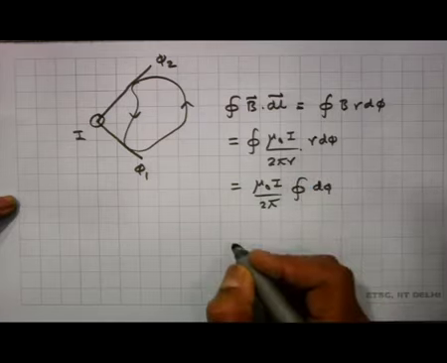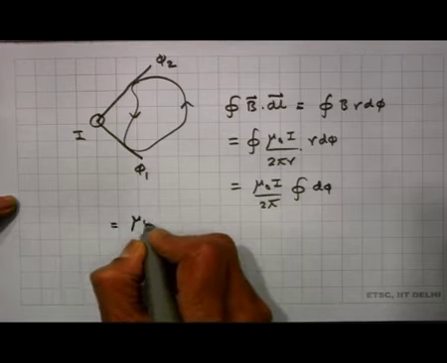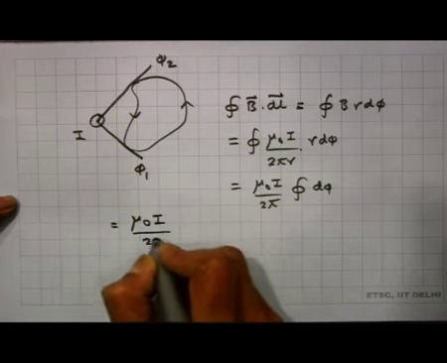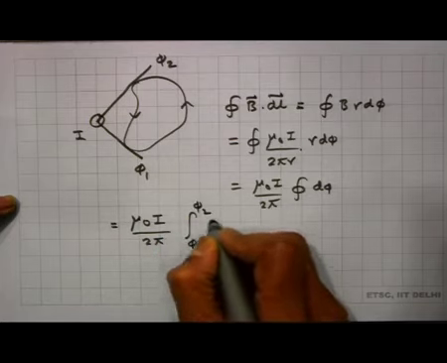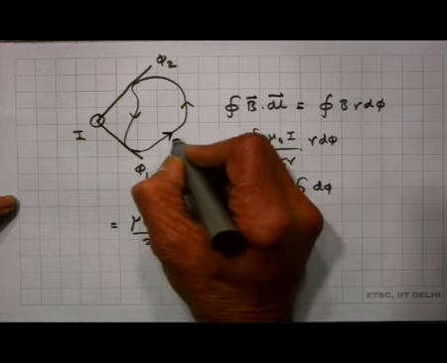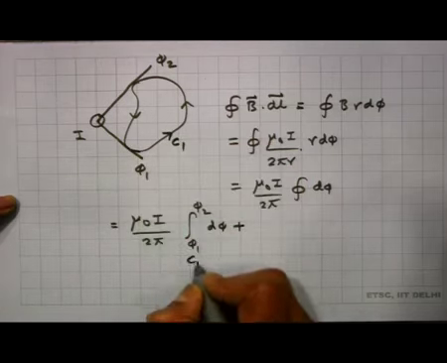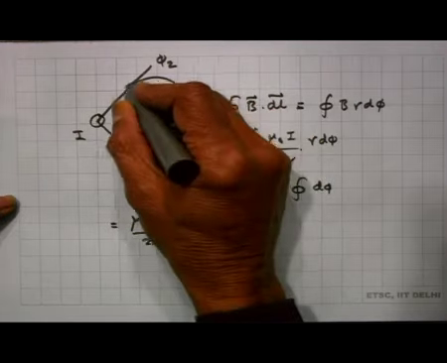r cancels off, so this is equal to mu naught I by 2 pi integral phi 1 to phi 2 d phi plus, so I go from phi 1 to phi 2 along say C 1, and then I come back. So, I go from here to here along this curve and I come back along this.